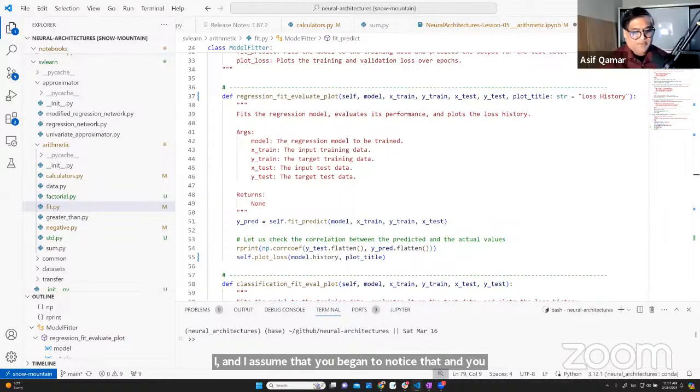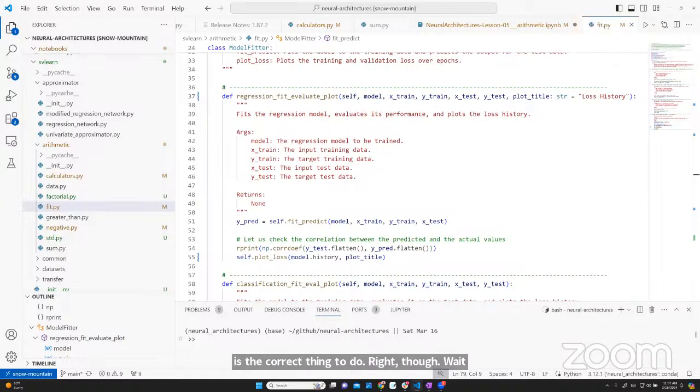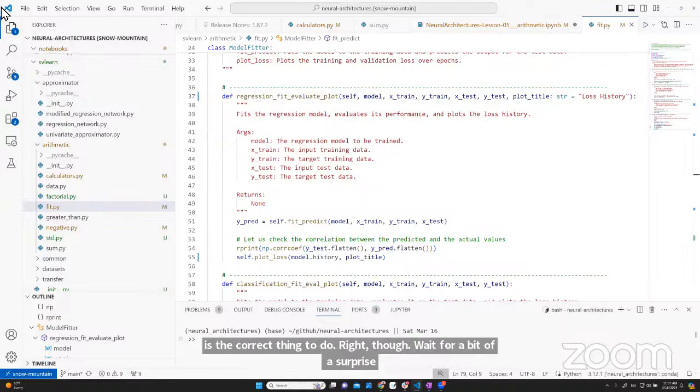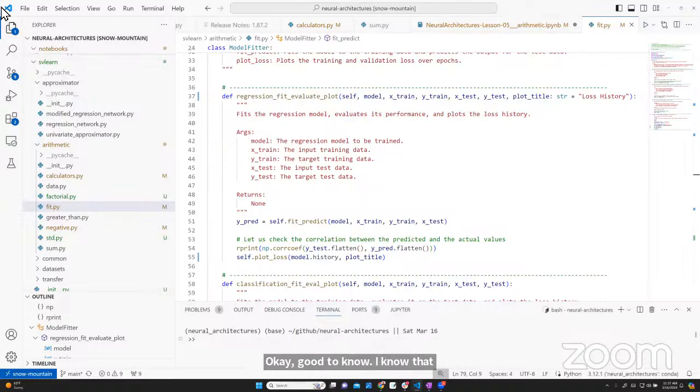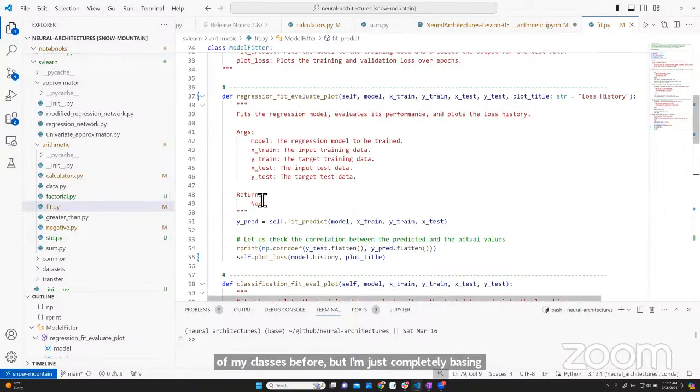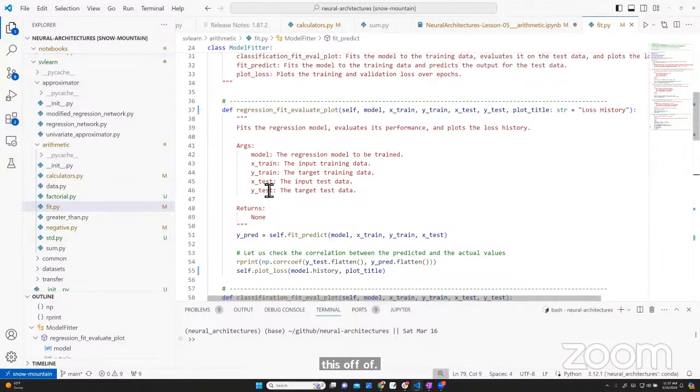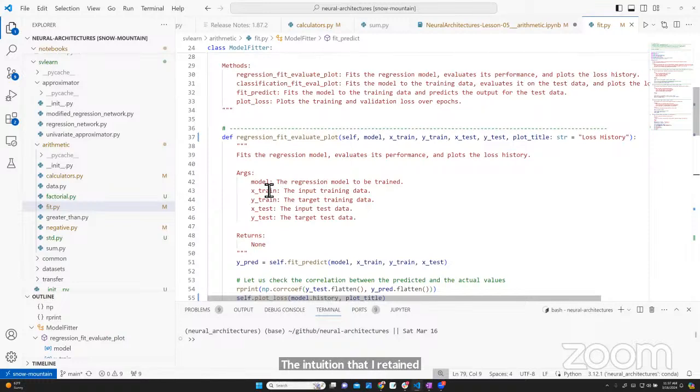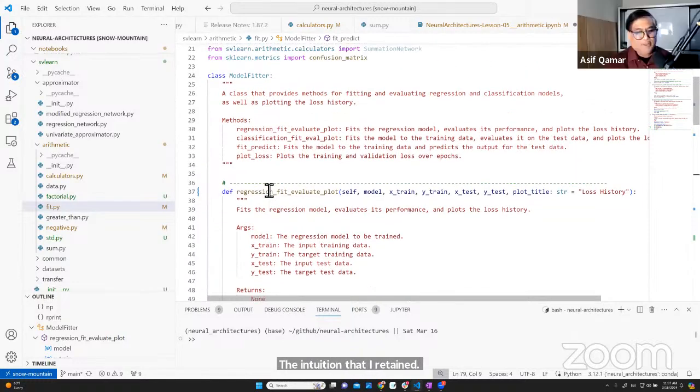And that is the correct thing to do, though wait for a bit of a surprise. Okay, good to know. I know that we went over this in one of my classes before, but I'm just basing this off of the intuition that I've retained. But I'll come to your problem. Yeah, there's a bit of surprise waiting for you there.